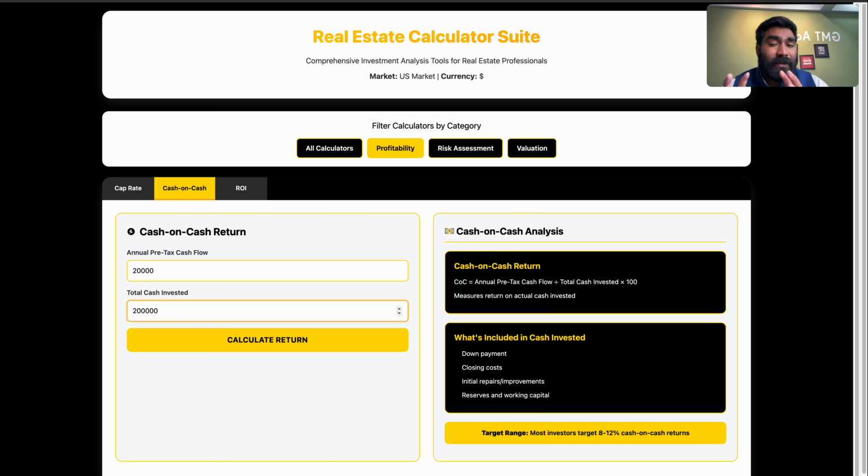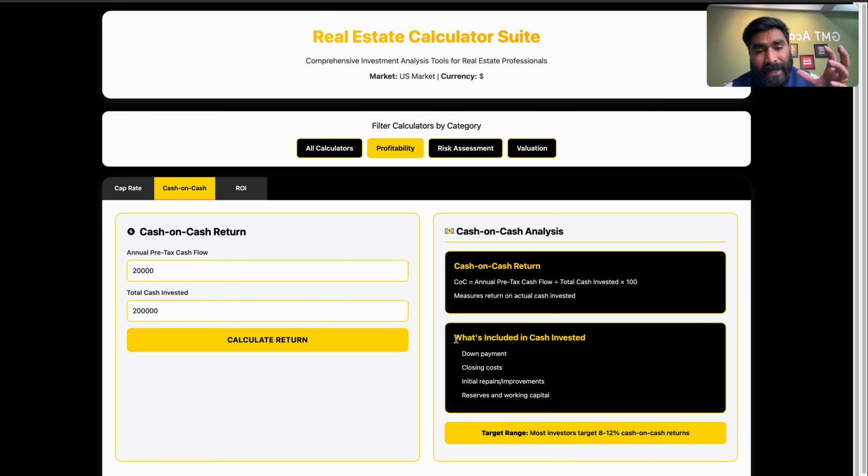That is required to calculate cash on cash. So let's calculate it. Cash on cash is annual pre-tax cash flow divided by total cash invested, multiplied by 100. That measures return on actual cash invested.